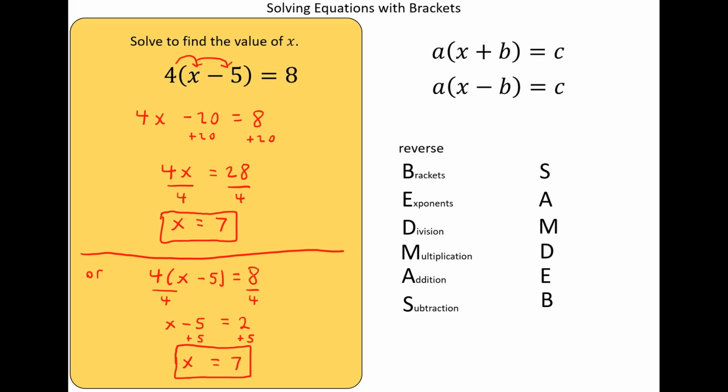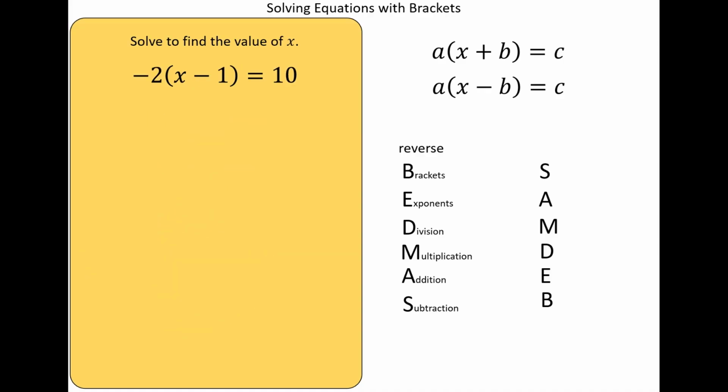So imagine instead of 4 bracket x minus 5 equal to 8, I have 4 bracket x minus 5 equal to 9. If I have 9 on the right side now, 9 divided by 4, well, that wouldn't be a very nice number. That's when you might want to think about using the first method, because that might make it easier for you. So it depends on which method you want to use and what method you're more comfortable with.